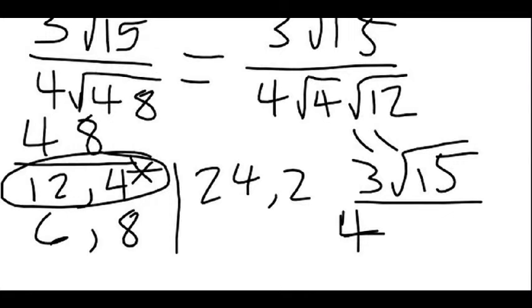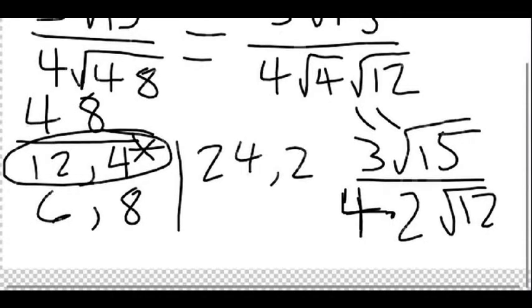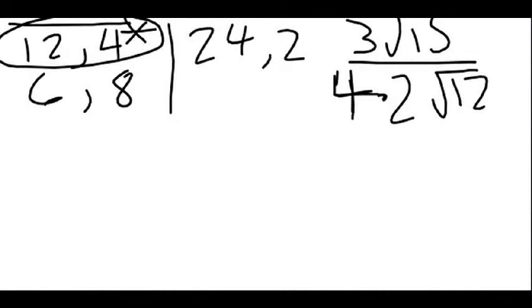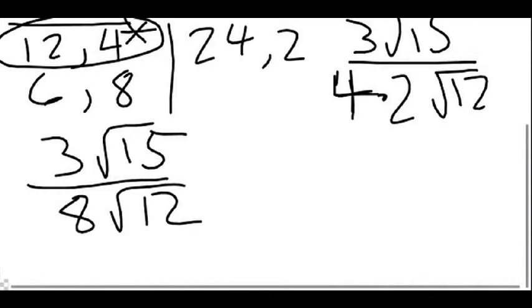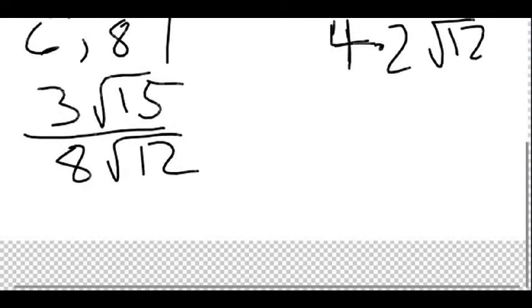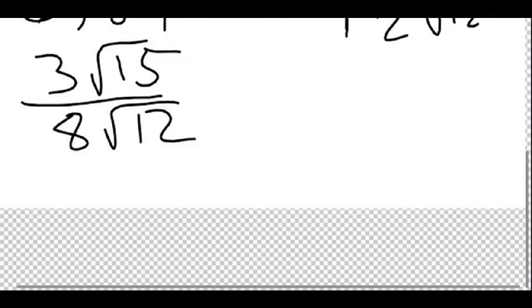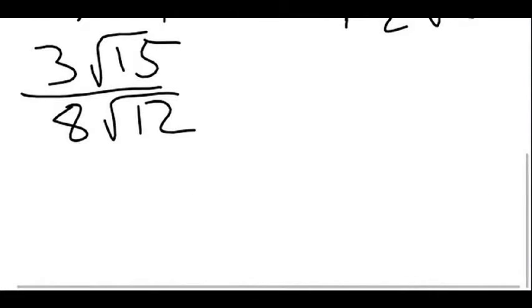The square root of 4 is 2, so this becomes 3 radical 15 over 4 times 2 times radical 12. So this ends up becoming 3 radical 15 divided by 8 radical 12.